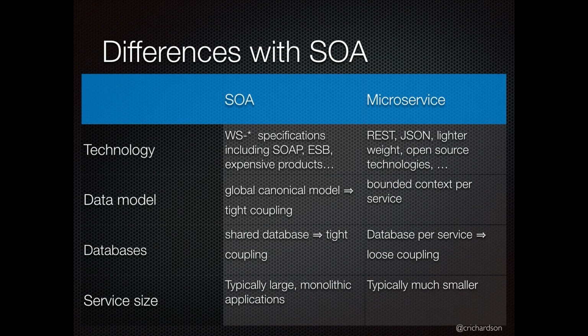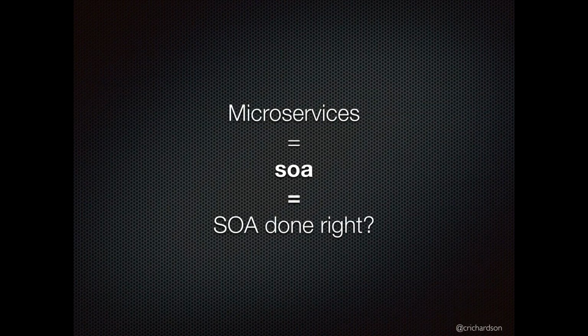Also, they can differ in terms of the service size. SOA applications tend to be large, traditional monoliths, whereas microservices tend to be smaller, lighter weight, and so on. So I like to think of microservices as SOA done right, in a way.